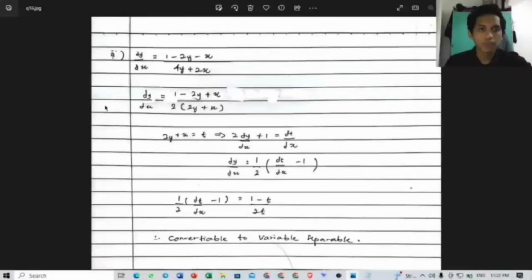Okay, for A2 Roman, dy over dx equal to 1 minus 2y minus x over 4y plus 2x. This question we can use variable separable.